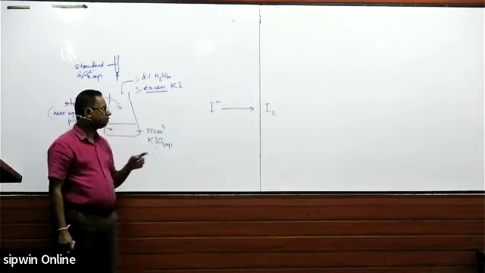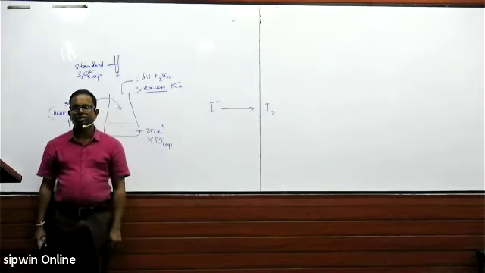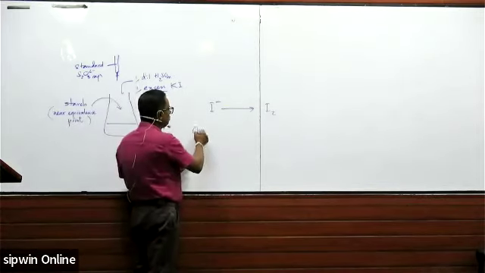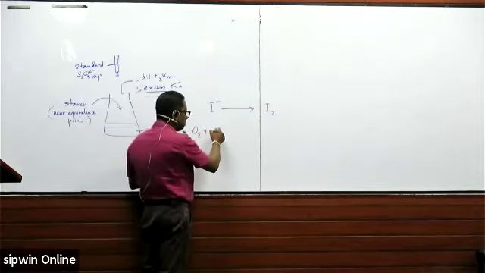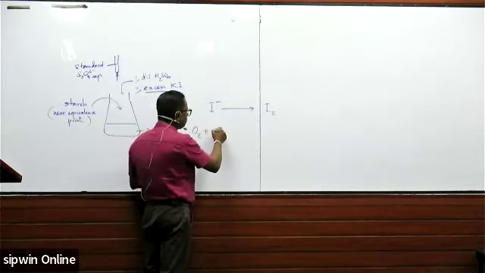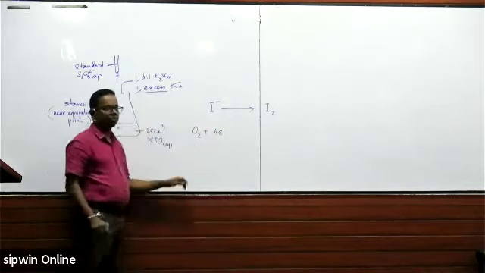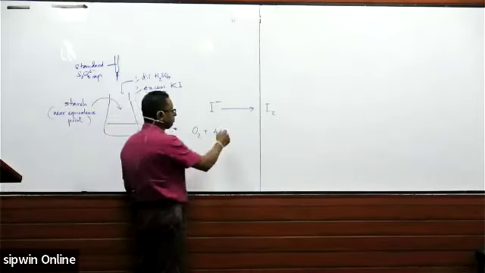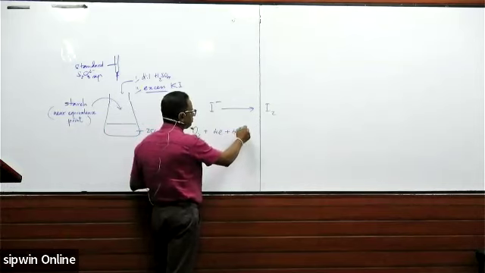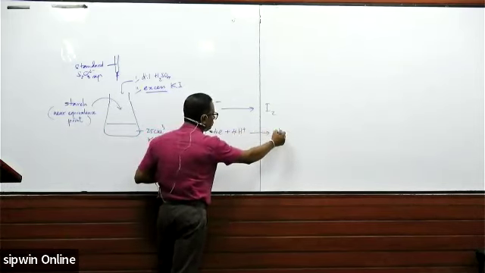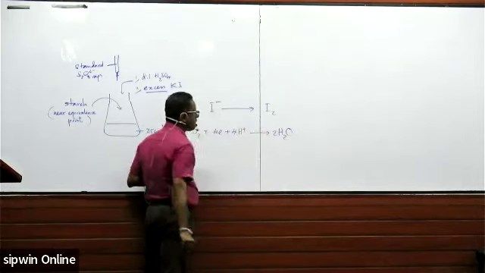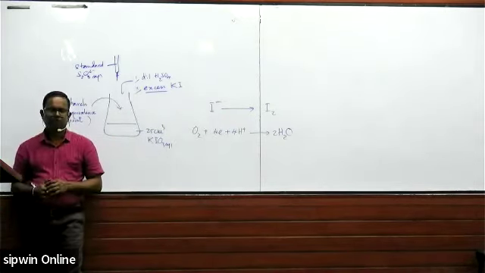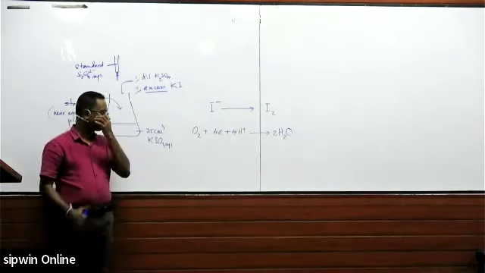Then oxygen, aerial oxidation: O2 plus 4 electrons plus 4H plus gives 2H2O.